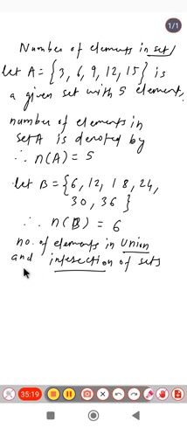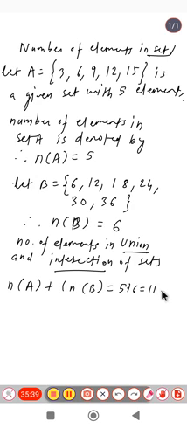For example, we follow the same set A and set B. First of all, if you want to calculate n of A plus n of B, it equals 5 plus 6, which is 11. We write this as equation 1.